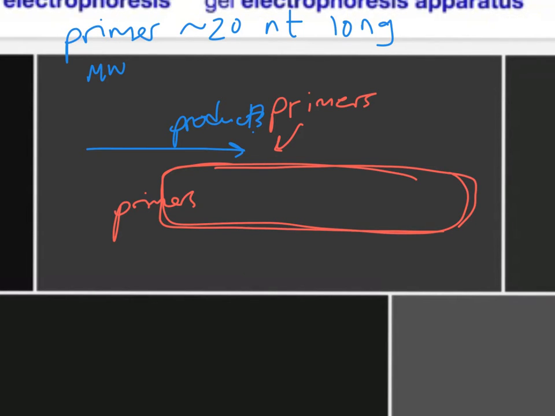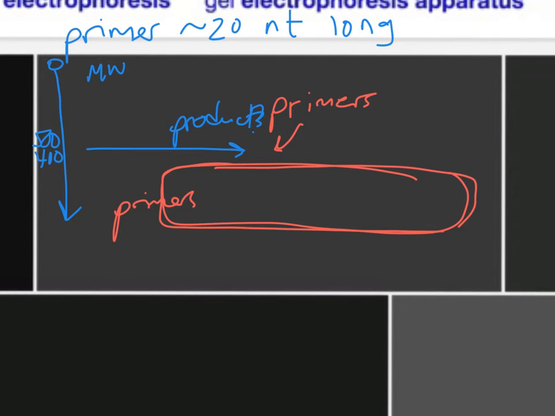The author has cut them off of the gel, but how in the world would you know which direction the gel's running? Base it off the ladder. So 500 base pairs is there, 400 is there. Smaller bands run farther and faster, so that means they all started at the top, and the DNA is running in that direction.